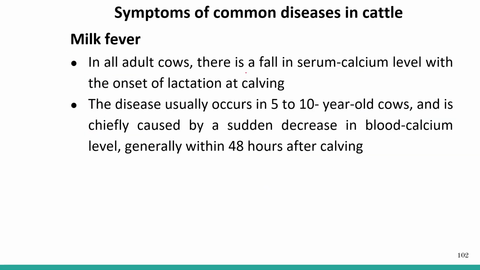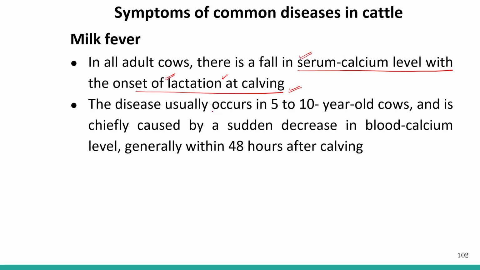In all adult cows, there is a fall in the serum calcium level with onset of lactation at calving. So after they are having lactation for the calving, the calcium level gets reduced because all the calcium goes to milk, that is in the lactation. And when there is a serum test of this particular cow or cattle, there is a reduction in the serum calcium level.